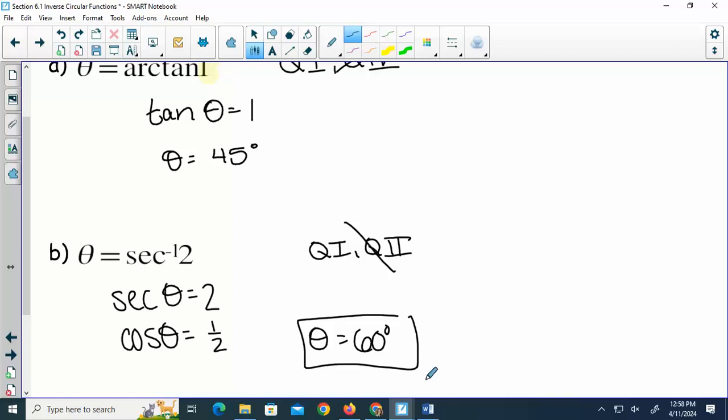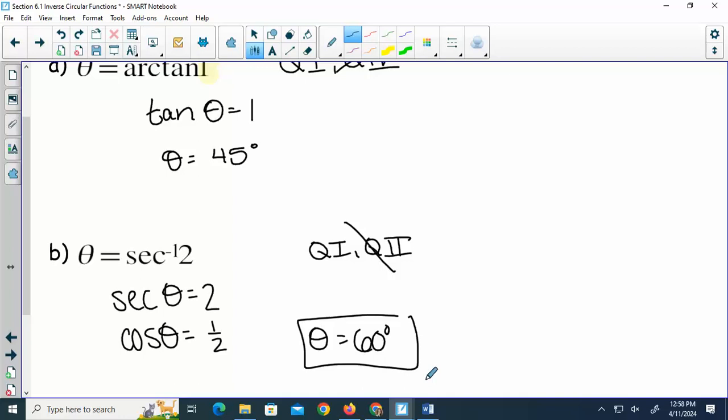Using the calculator for these can be tricky. And here's why. We don't have buttons for secant, cosecant, and cotangent, right? So we have to use sine, cosine, and tangent. Here's the thing.